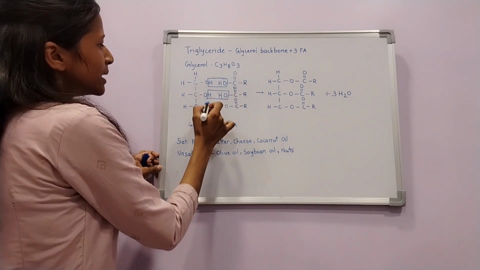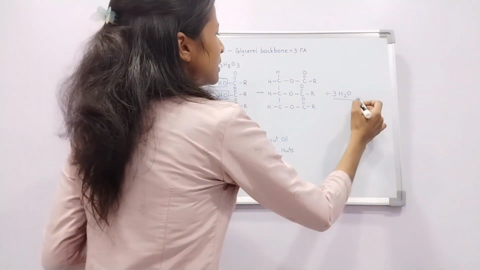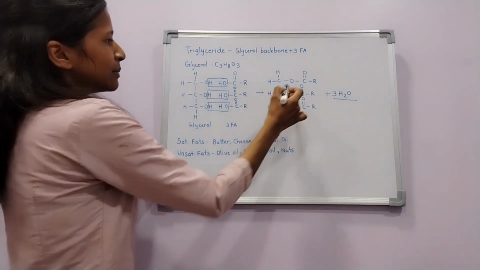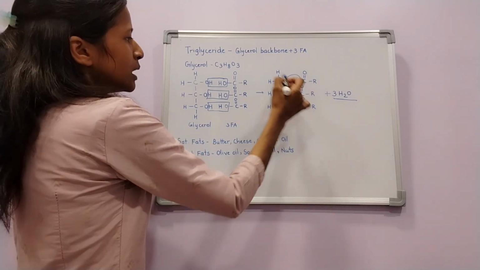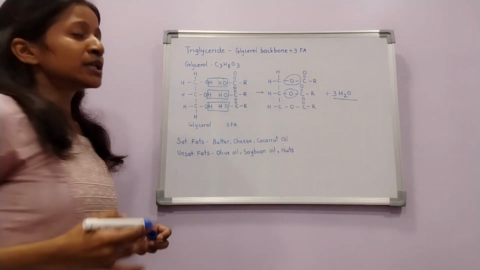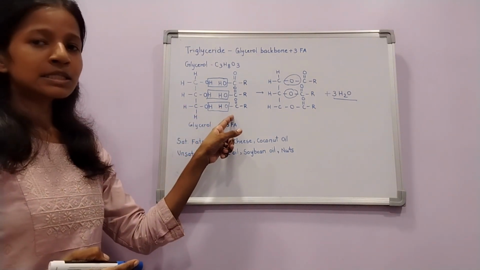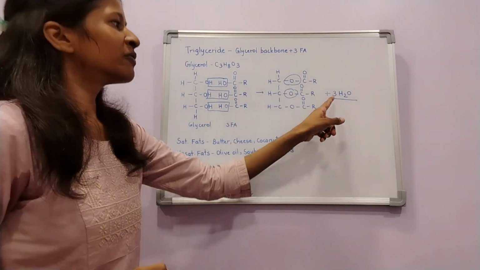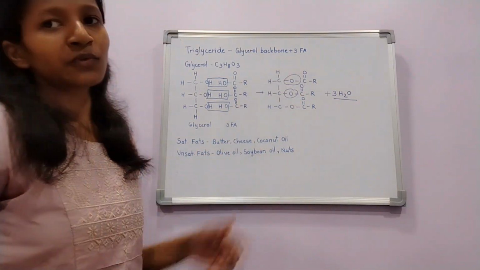So there would be 3 water molecules eliminated here, and as they are eliminated, an ester bond is formed here. So a triglyceride molecule is formed from 1 glycerol and 3 fatty acids, with the elimination of 3 water molecules.